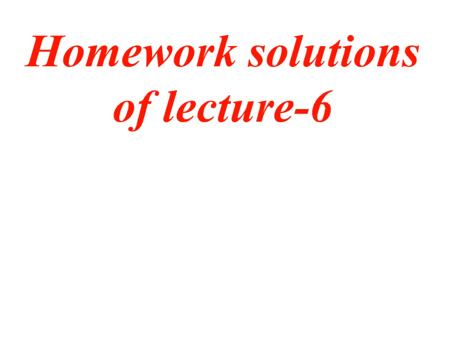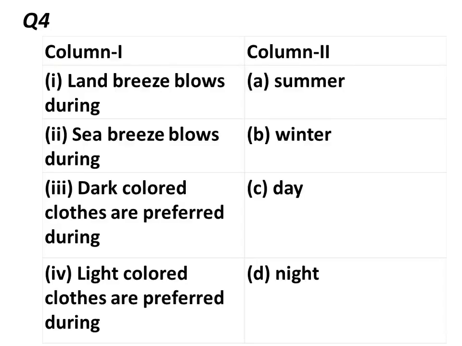Now I am going to discuss the homework solution of lecture 6. So this is question number 4 I gave you yesterday. The first one is column 1, the second one is column 2. In column 1 I have given: first, land breeze blows during; second, sea breeze blows during; third, dark colored clothes are preferred during; fourth, light color clothes are preferred during.